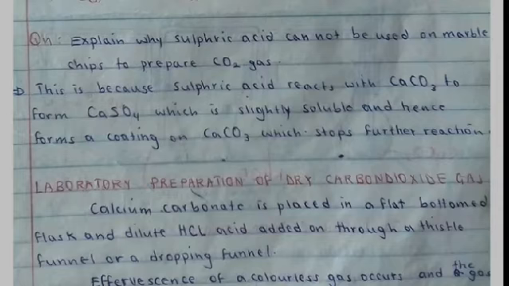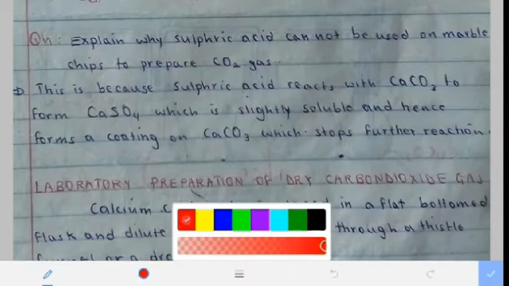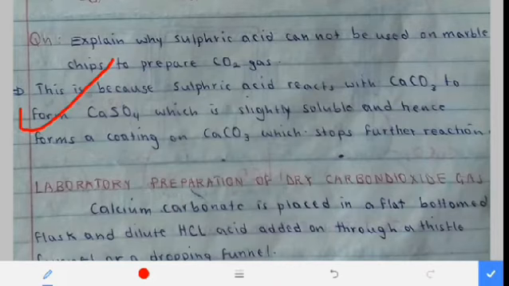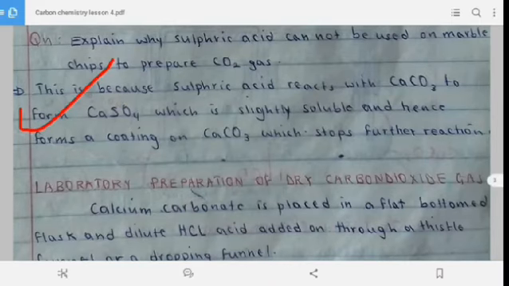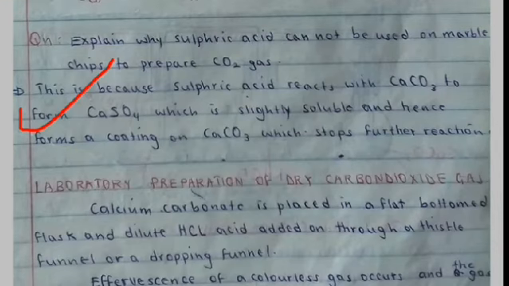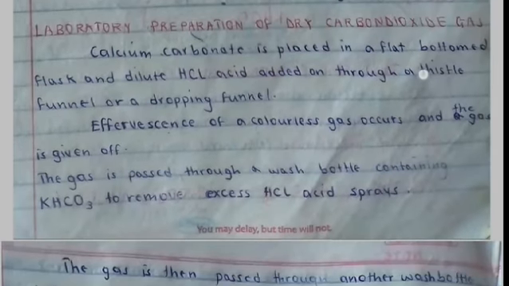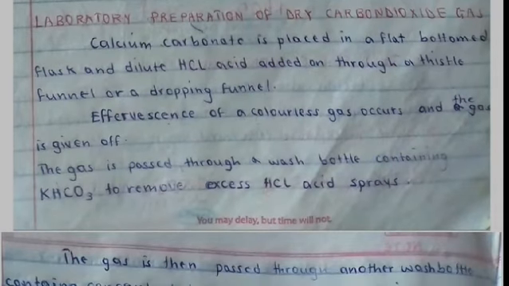So we have seen the reason. Sulfuric acid reacts with calcium carbonate to form calcium sulfate, which is slightly soluble, and it forms a coating on calcium carbonate, which stops further reaction. So that is the clear reason for that question.